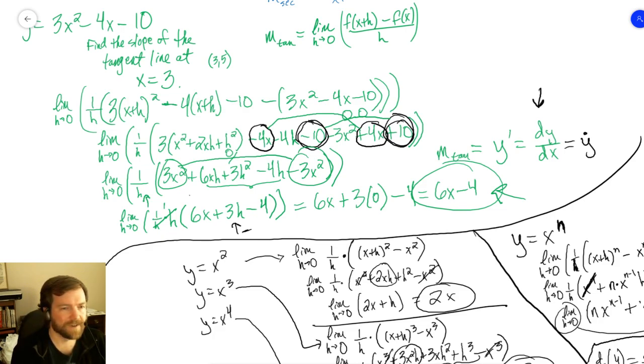If we look at the shortcut version, we basically are taking this 2 down and multiplying it out front by the 3 that's already there, and it becomes 2 times 3 is 6 times x to the first. We subtract 1 from the exponent, turns from 2 into 1. And then the next term down, the negative 4x, this is 4x to the first power.